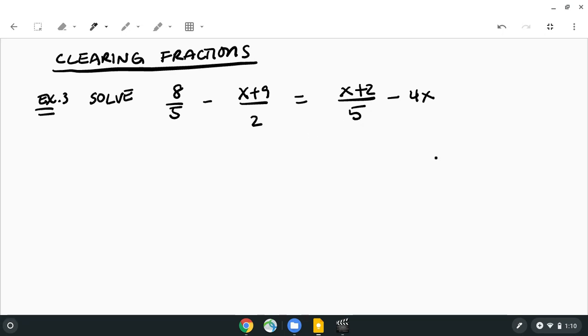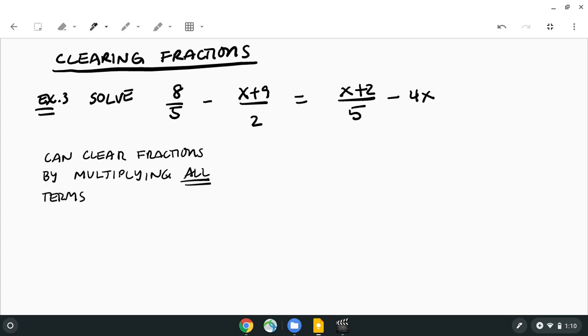Okay, and the way we do that, you can get rid of fractions by multiplying all terms, even the ones that are not fractions, by the LCD.